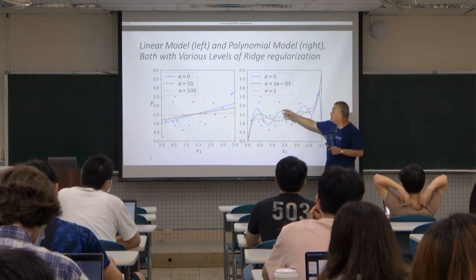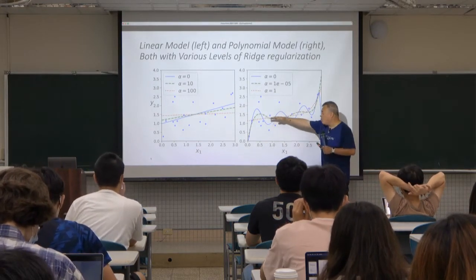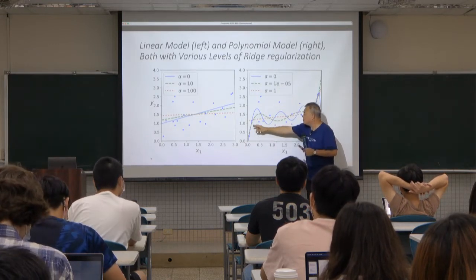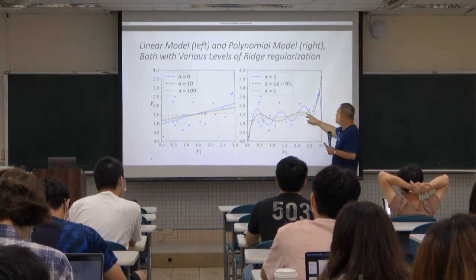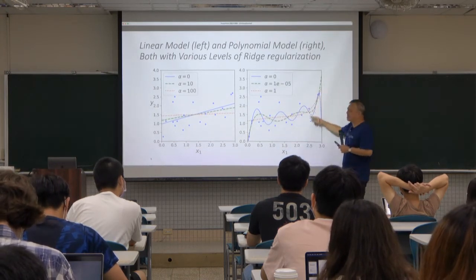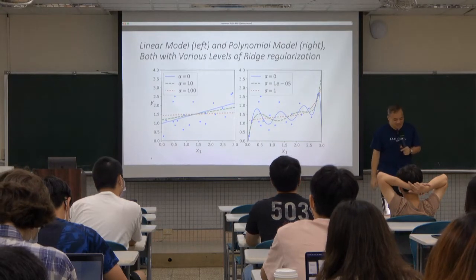And when alpha becomes 1 in lasso, it's almost a flat line. But here, when alpha is 1, the ridge is also much flatter, but not as flat as what you got by using lasso.